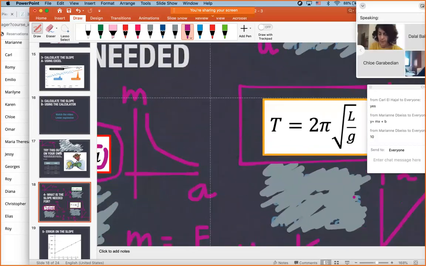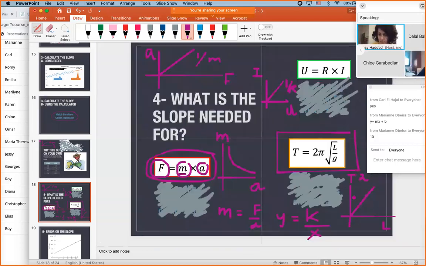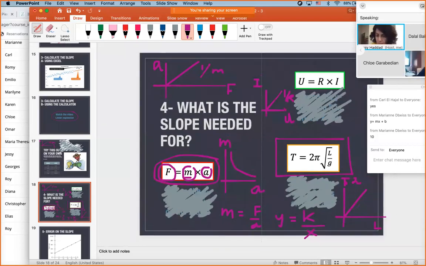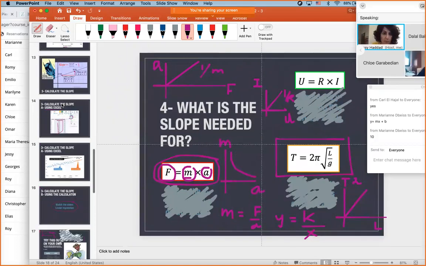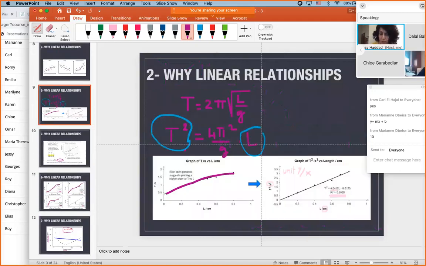Probably Roy can take over. Roy, I'm plotting t squared versus L. What does the slope represent? If I plot t squared versus L, I want to know the slope. Would it be mass? Radius? Resistance? Force? Acceleration? What is the slope?